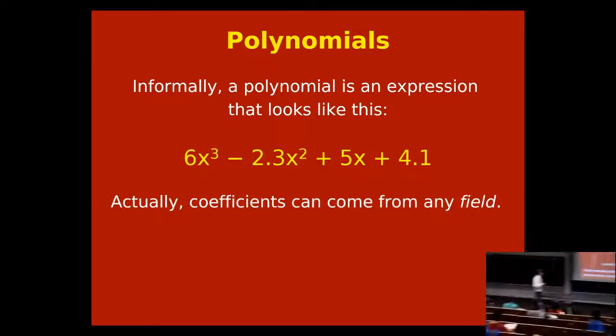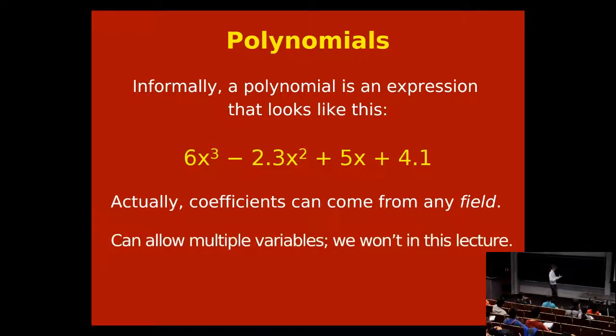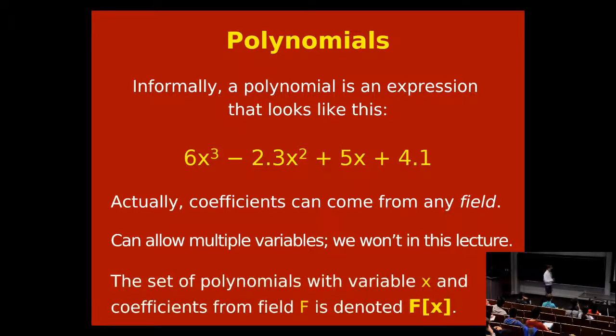And these coefficients can come from any field. So whenever you're talking about polynomials, the coefficients, which you think of as numbers, come from a field. You can more generally talk about polynomials with more than one variable, but in this lecture, we'll just talk about polynomials with one variable, which we'll always call x.